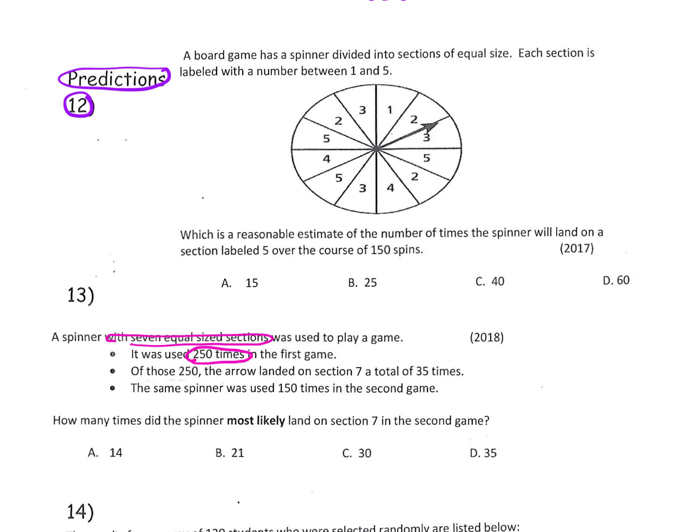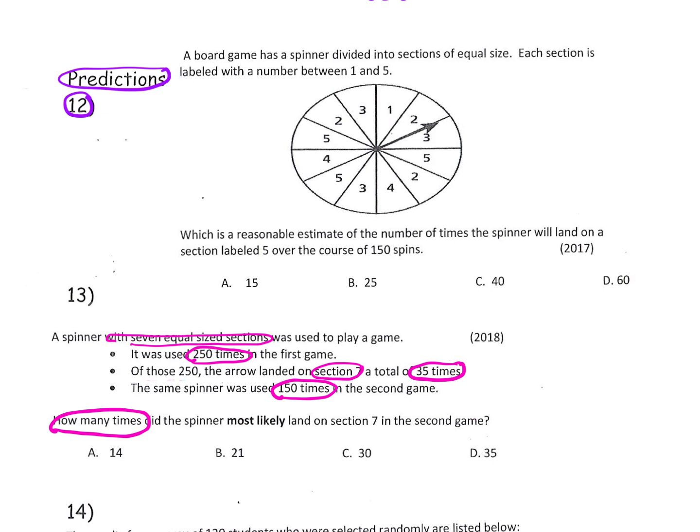Of those 250 times, the arrow landed on section 7 35 times. If the same spinner was used 150 times in the second game, how many times did the spinner most likely land on section 7? Well, clearly less than 35 times.